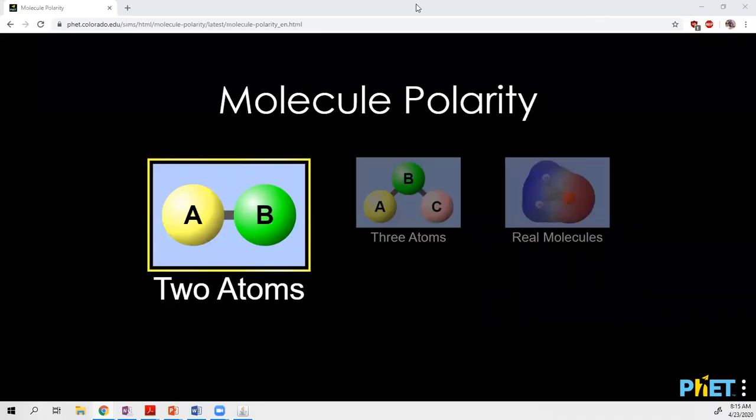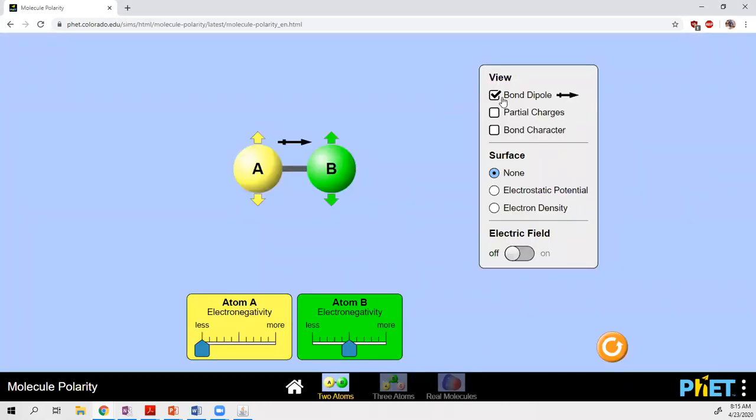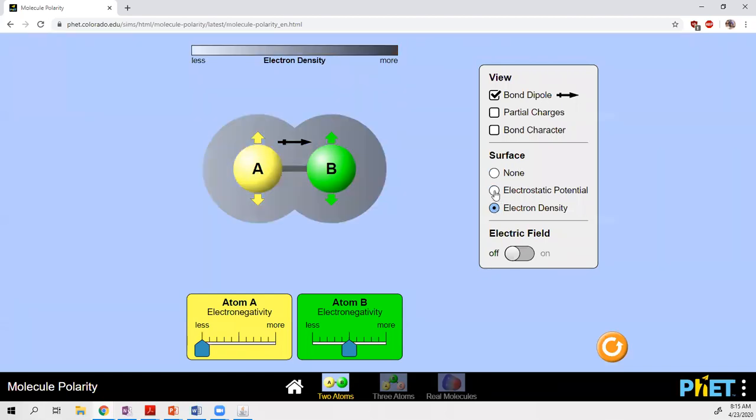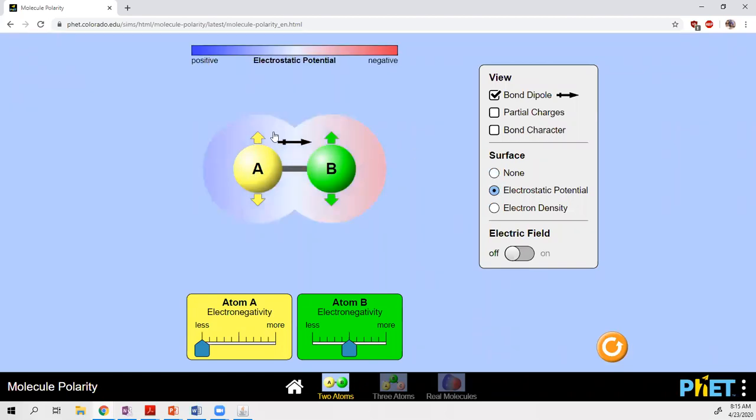It's one of those PhET simulations. And so you can start with either the 2 atoms or the 3 atoms. We'll start with the 2. Right now you can see that this is showing our bond dipole. And we can turn on whether we have the colorings for positive and negative. We can show just where there's more electrons, or we can do none. So I like to use the positives and negatives. It gives me an idea.